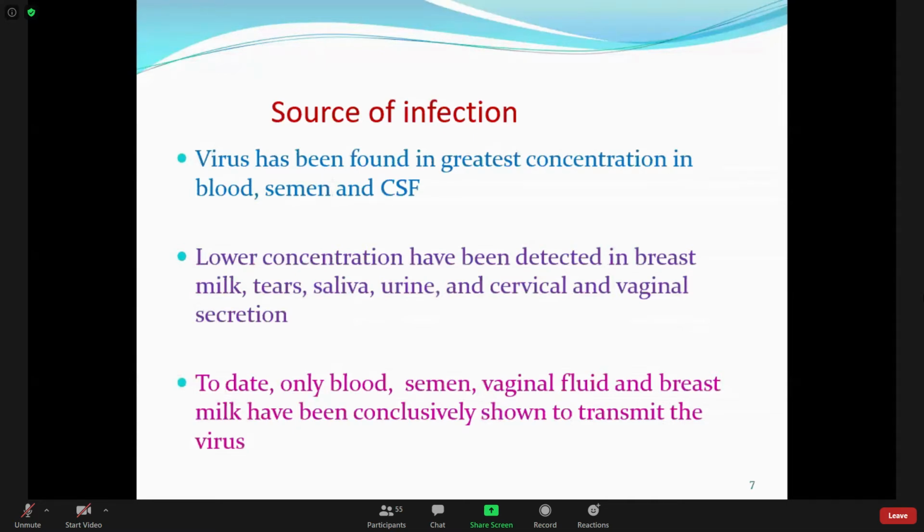But mainly the source of infection is blood because viral load is very high in blood, thereafter semen, vaginal fluid, and breast milk. It is found in other sources, but that is not conclusively shown to transmit. So saliva, urine, and tears are not sources of infection.